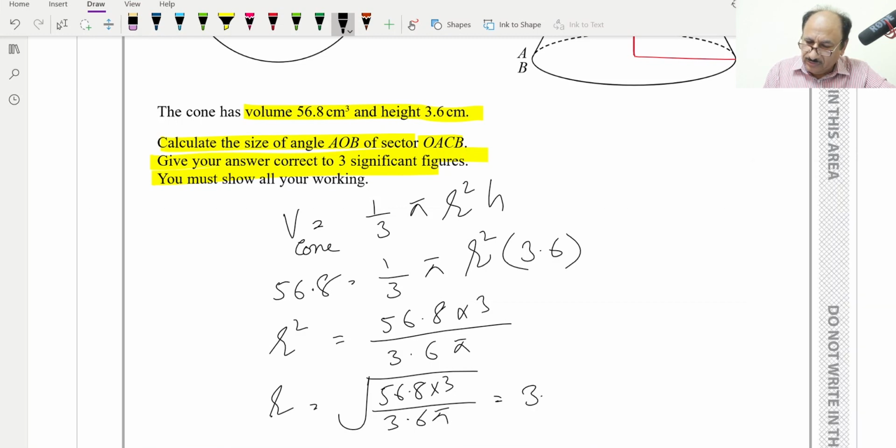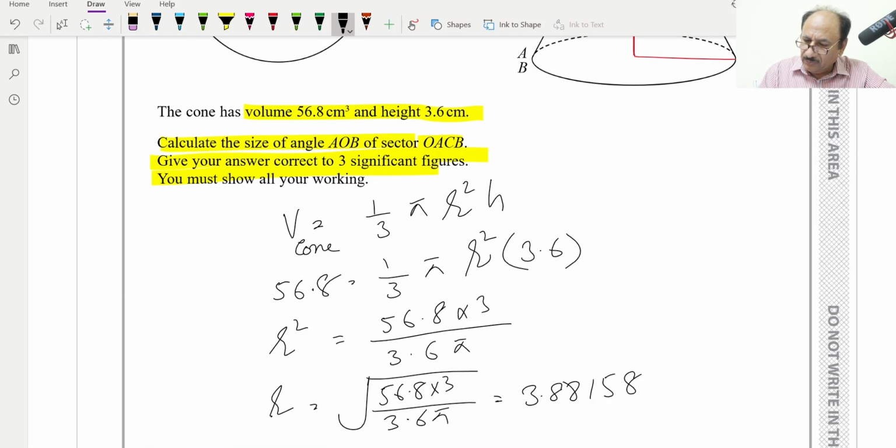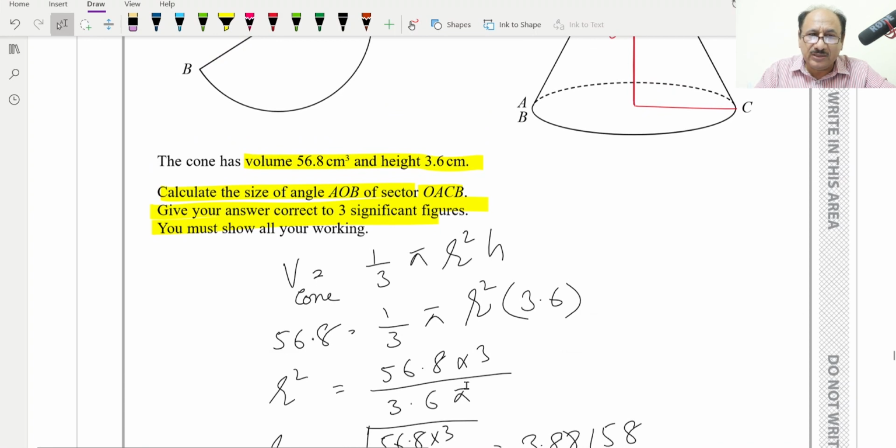So I will write 3.88 up to this one, then next we will be using this. So 3.88 is this length, the radius, basically 3.88 is this radius.